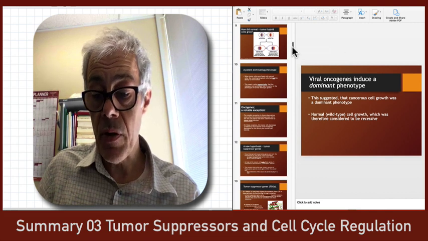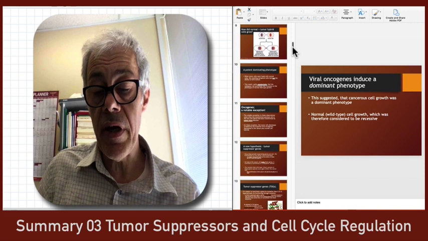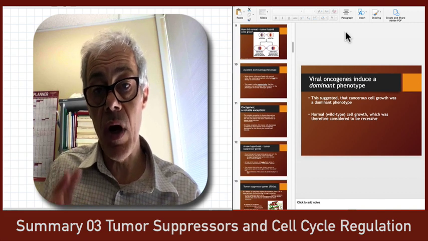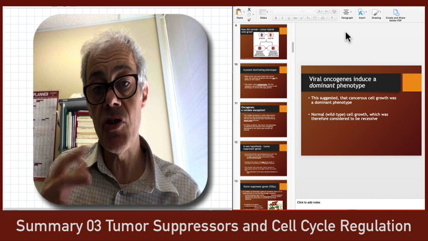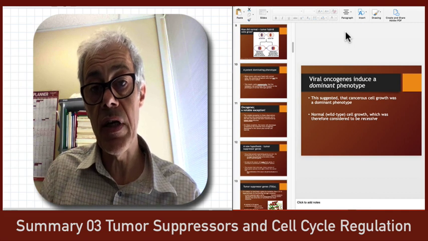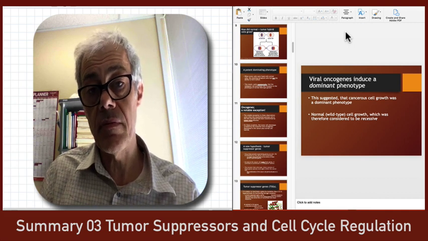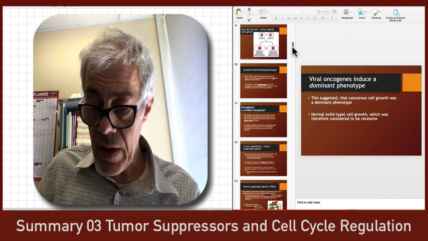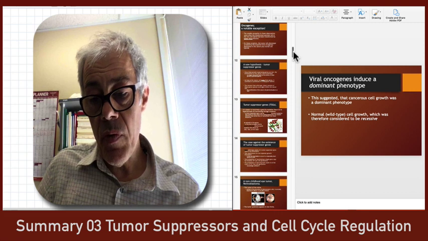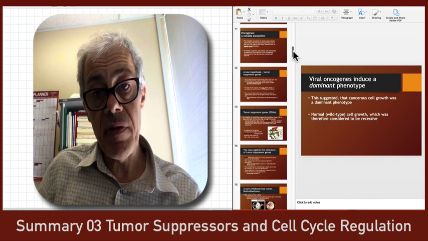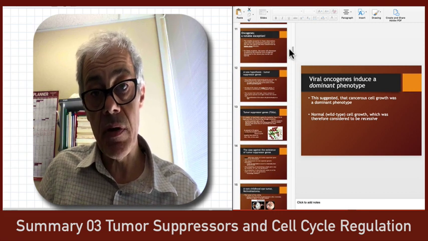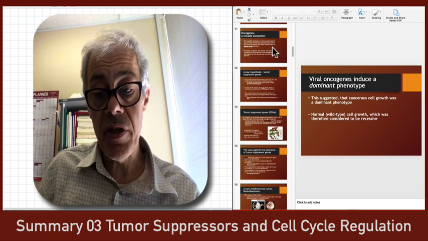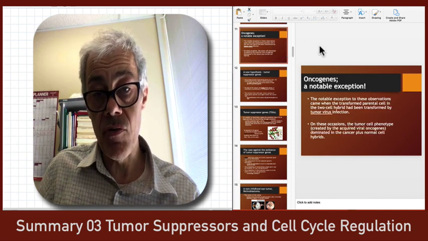Effectively, the good copy of the tumor suppressor in the wild-type cell was able to restore the function that was lost in the cancer cell. The occurrence of these tumor suppressors was flagged as important to understand, and the oncoproteins were the exception to the rule.